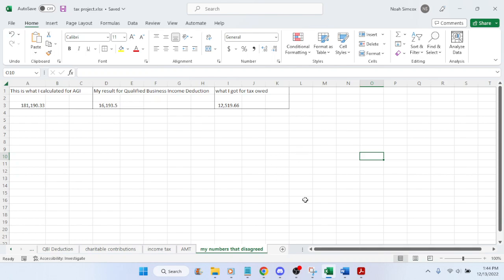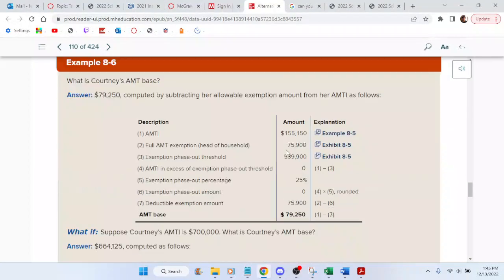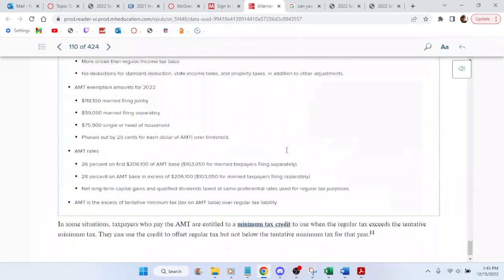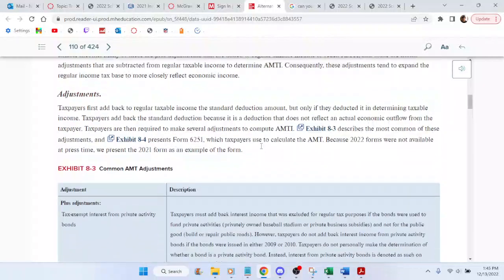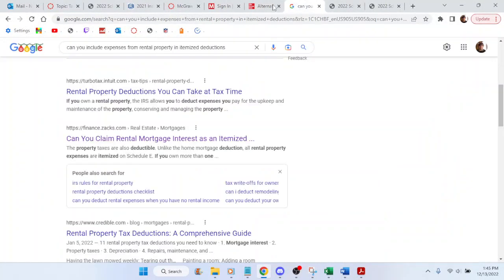Dang it. So which numbers do we not? I might just Google it because it might just be easier this way.